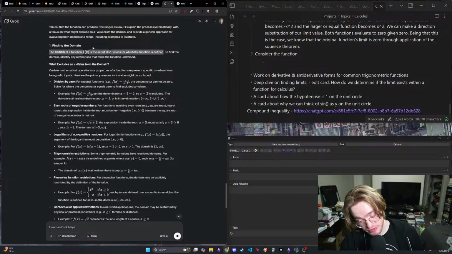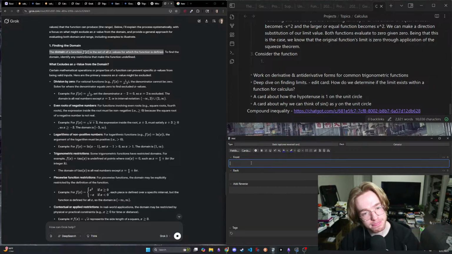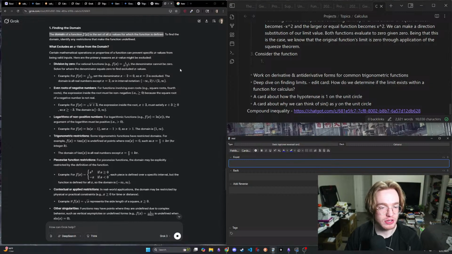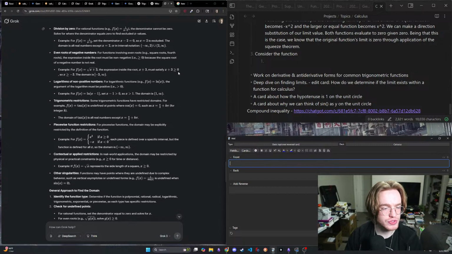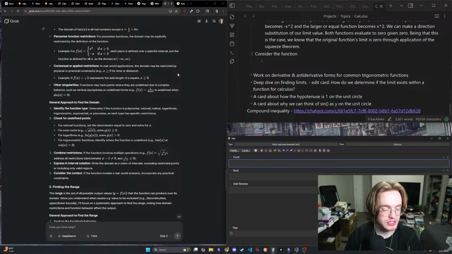So if I have a value that is undefined, then it doesn't exist in the domain. To find the domain, yep, okay. Certain mathematical operations or properties of a function can prevent specific x values from being valid inputs. Here are the primary reasons an x value might be excluded: division by 0, even roots of negative numbers, logarithms of non-positive numbers, trigonometric restrictions, piecewise function restrictions.